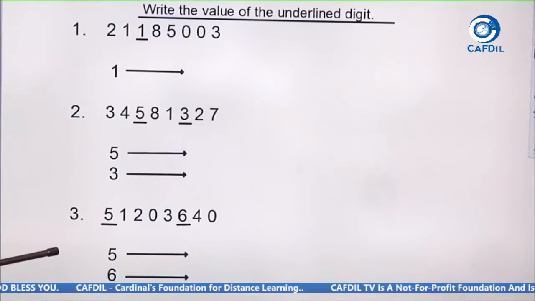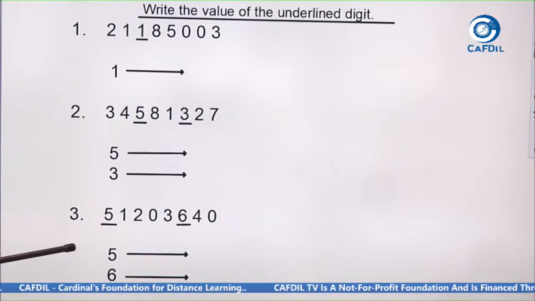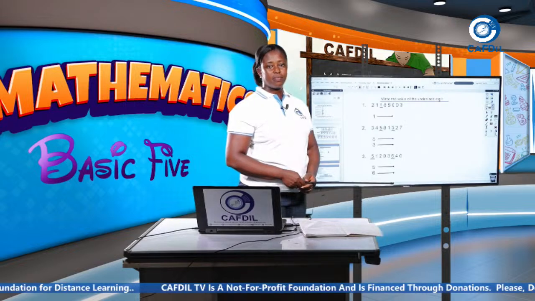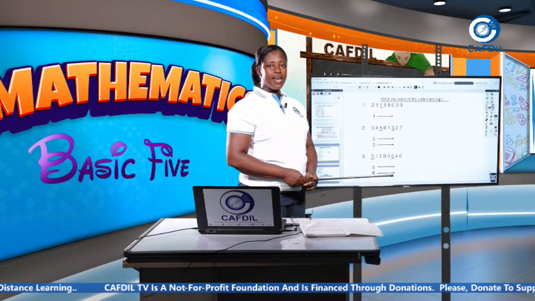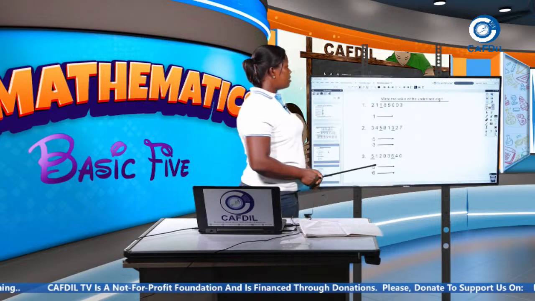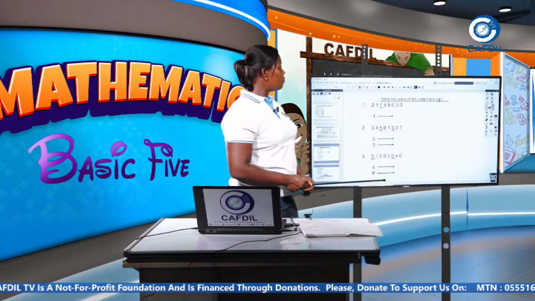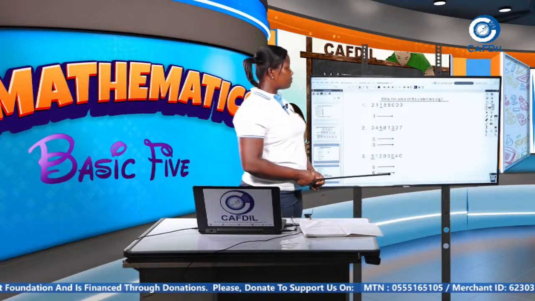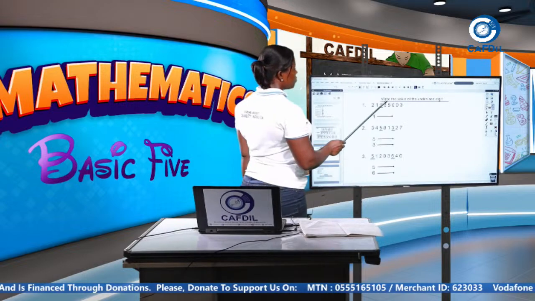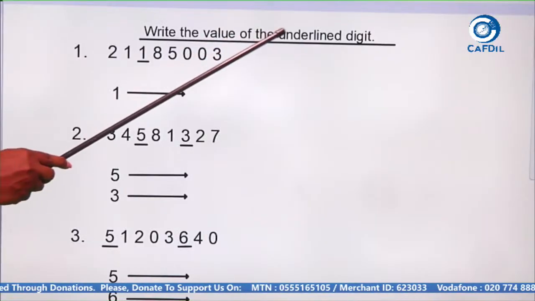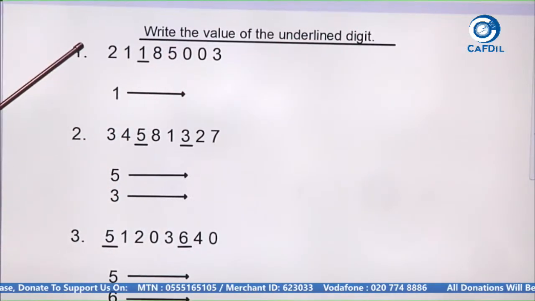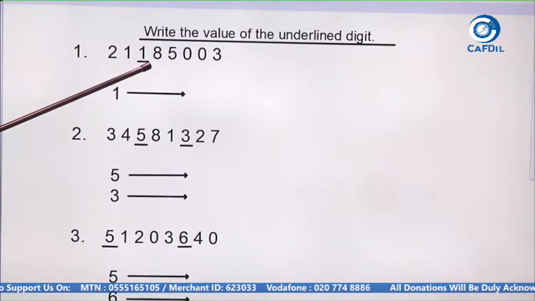We have this. Write the value of the underlined digits. The first one, we have this.